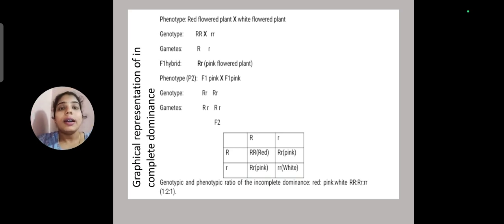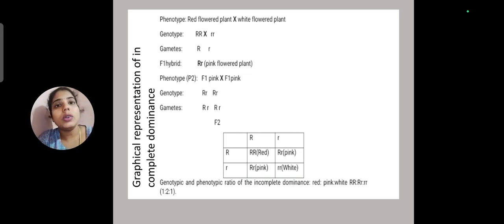It means the dominant gene cannot express itself to show its phenotypic character, that is red. It does not completely suppress the expression of the recessive gene either, so the result is pink. So pink is a blend between red and white.